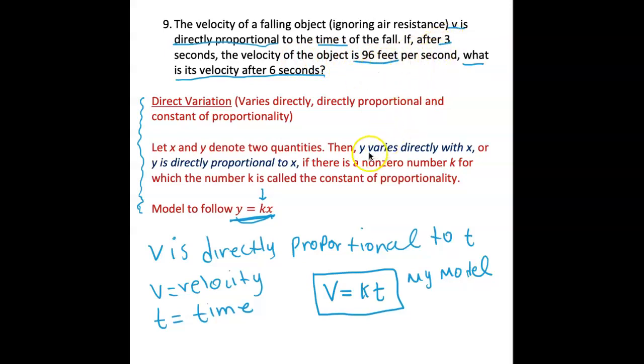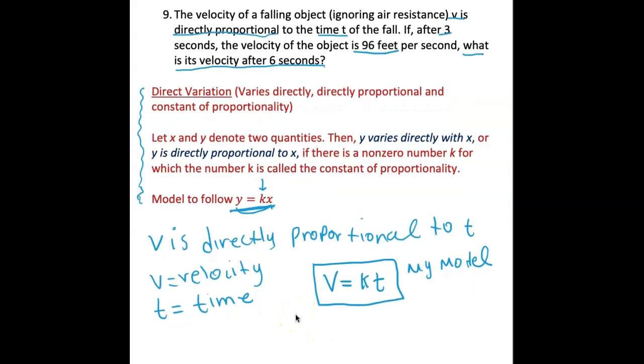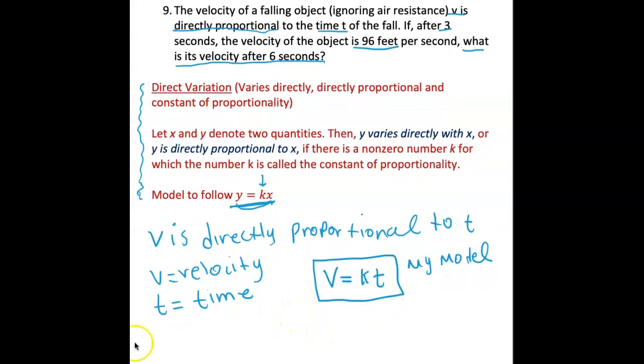These two numbers are going to help me find the K. That way I could have a model that will work with this example and help me find the velocity after whatever seconds I want, which in this case is 6. Okay, so now I need to find K.